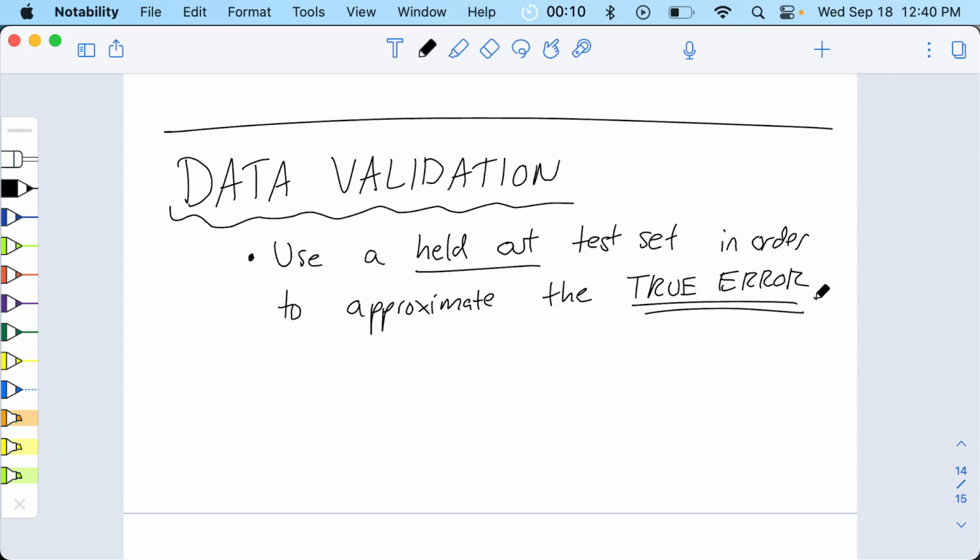set aside a piece of our data set. That's what held out means. Set it aside. Don't use it in our sampling, in our methods. That's going to be called the test set. So the test set is what we hold out to test on. So data saved to test on.